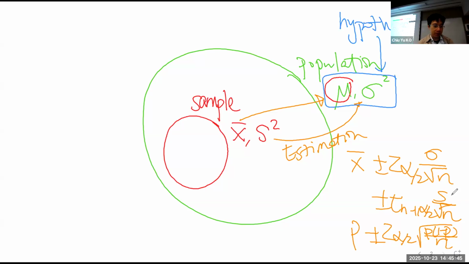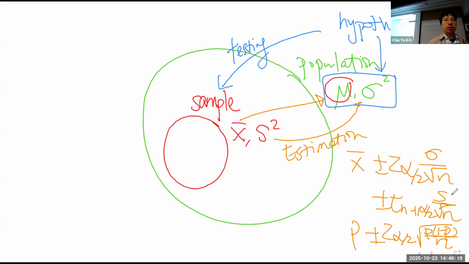We have some assumption, some idea, or past information about this mu and sigma square. Maybe from past estimation, maybe from knowledge generated from engineering, or from the boss or the client telling you the number. You want to see whether this hypothesis is supported by the data. That is called hypothesis testing.